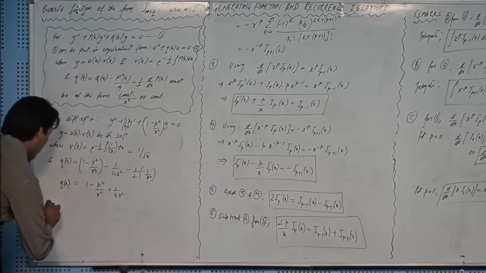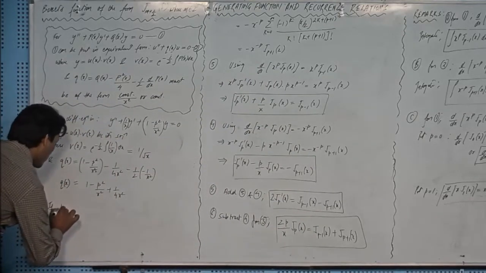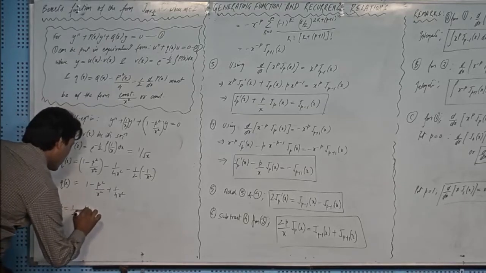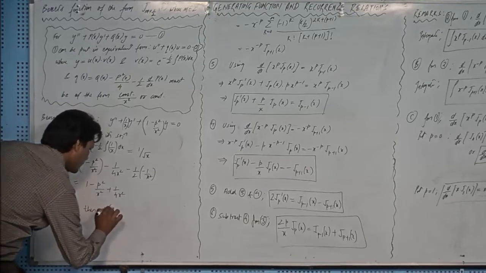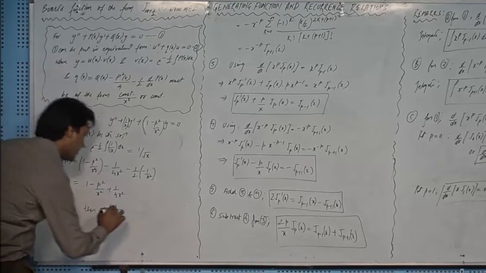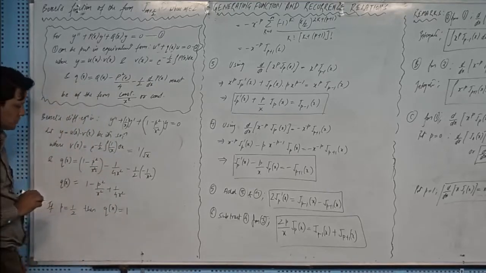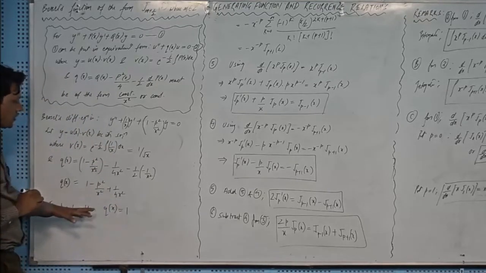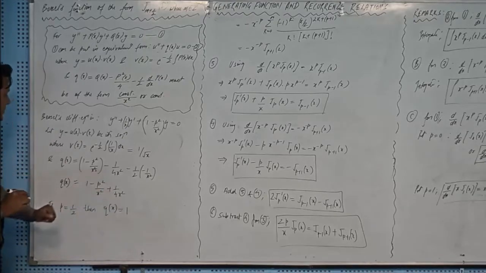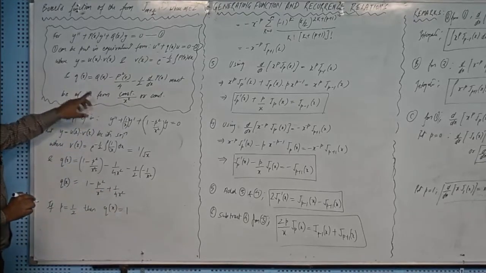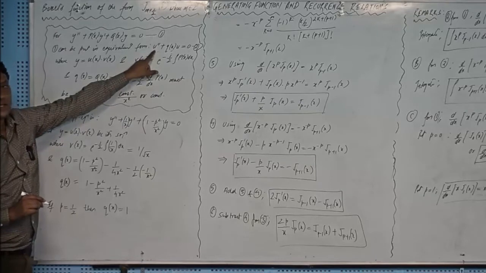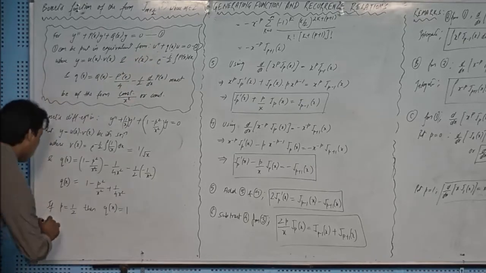So I will write that if small p equal to 1 by 2, then our desire of getting this qx as a constant is fulfilled, right? This qx is equal to 1, and now I will use this qx here, in that differential equation, this one, right? And I will solve that.